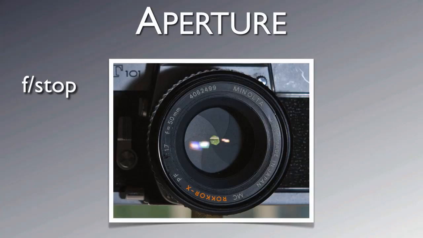Each f-stop number indicates the size of the aperture. Lower numbers indicate a wider aperture, more light hitting the film, and higher numbers indicate a narrower aperture and less light hitting the film.